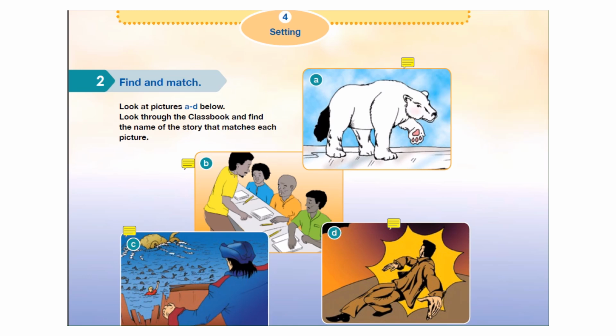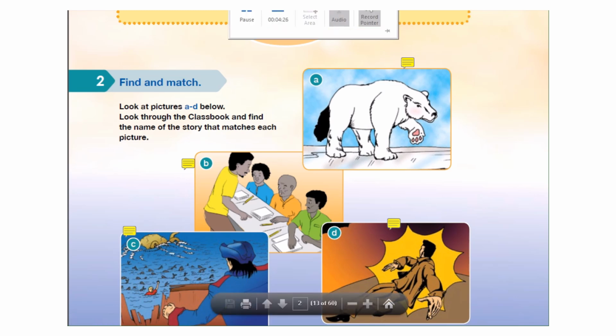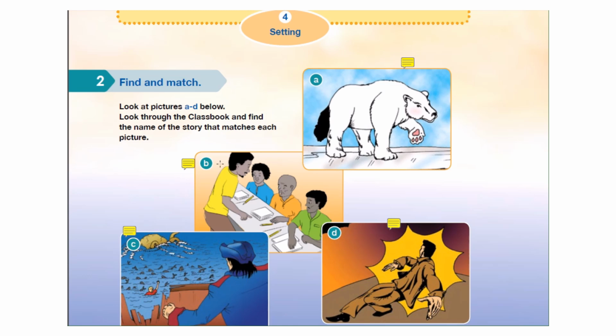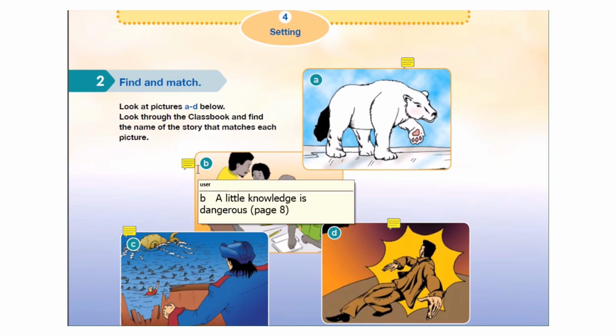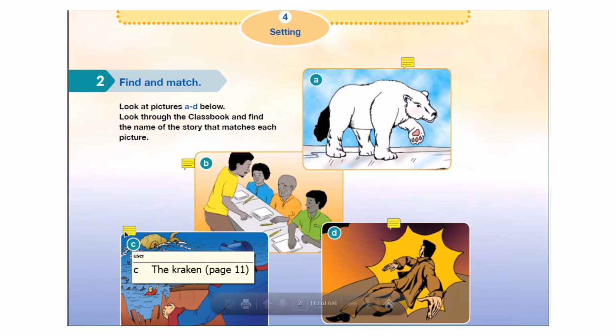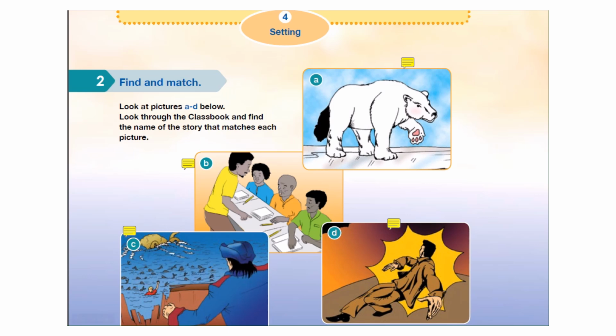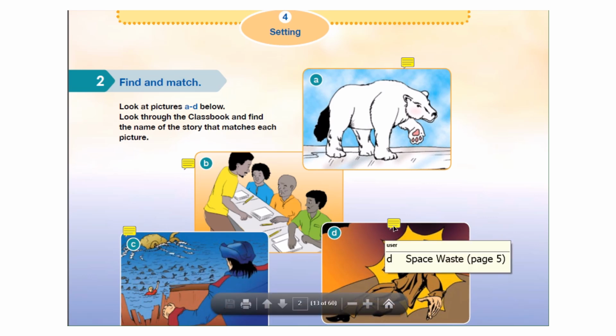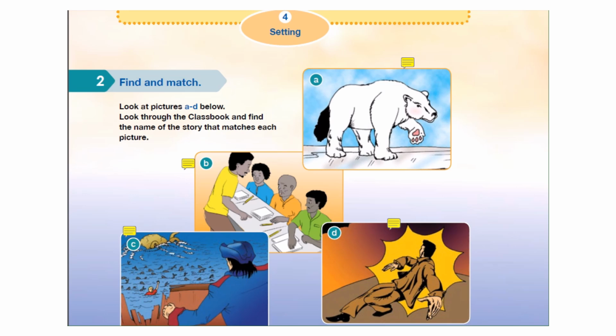Now we move to picture B, C, D. Now you have 1 minute. After you find the answers: B, A Little Knowledge Is Dangerous, page number 8. C, The Kraken, page number 11. And the last one, Space Waste, page number 5.